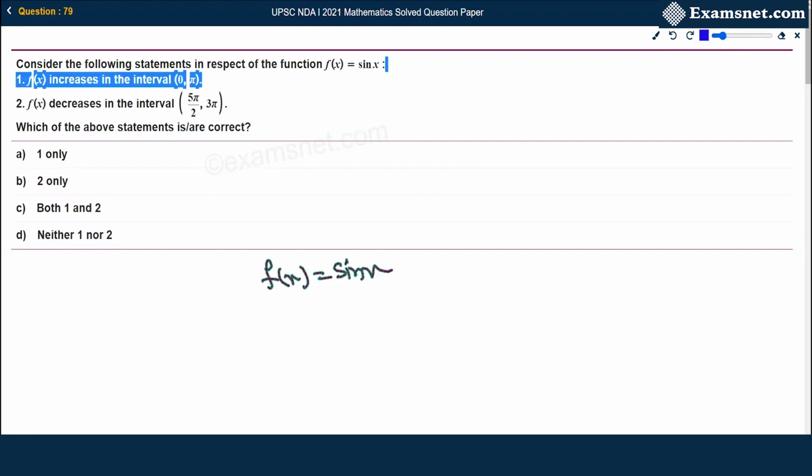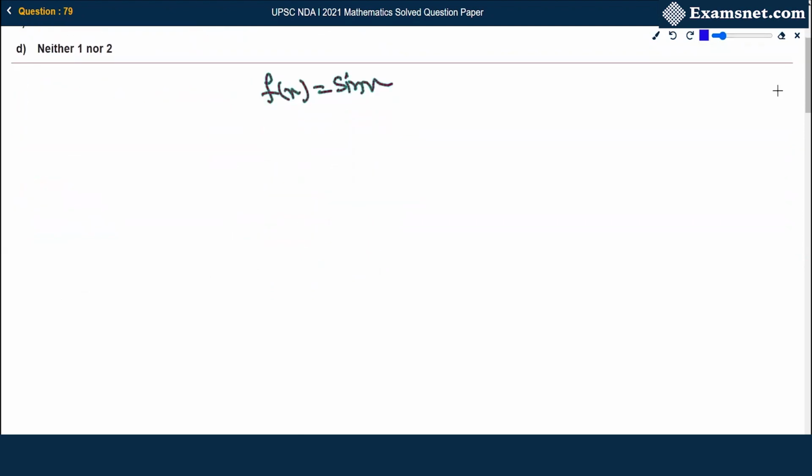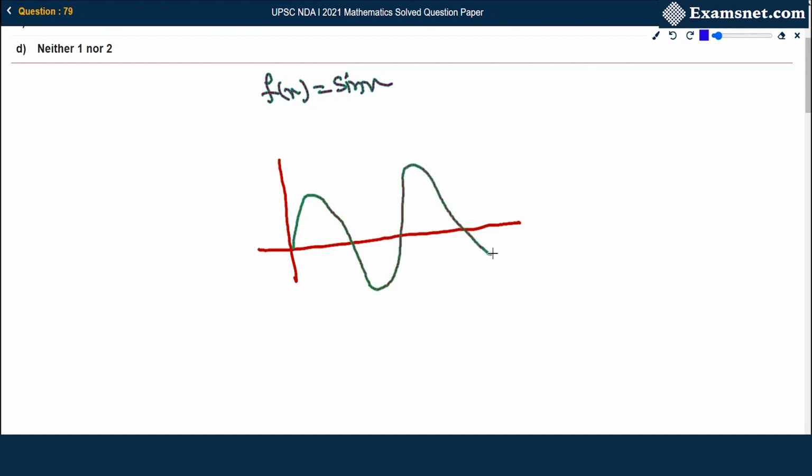Now, I will first draw the graph of sin x. Okay, this is the graph.